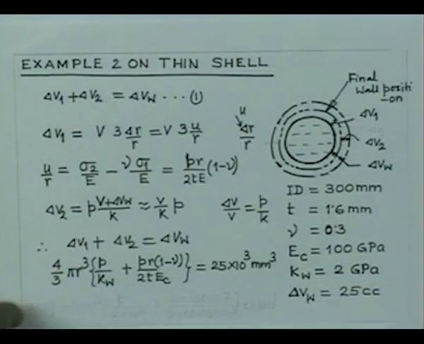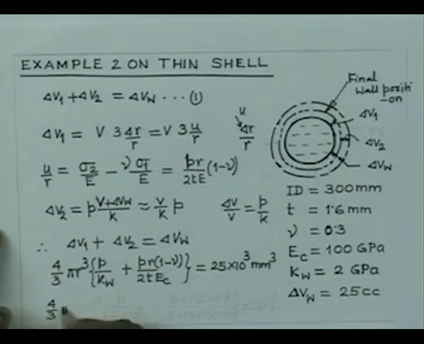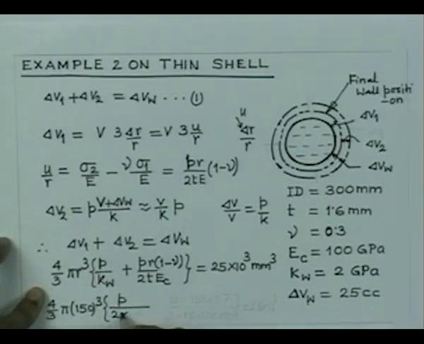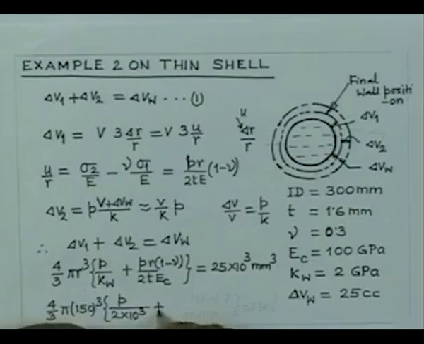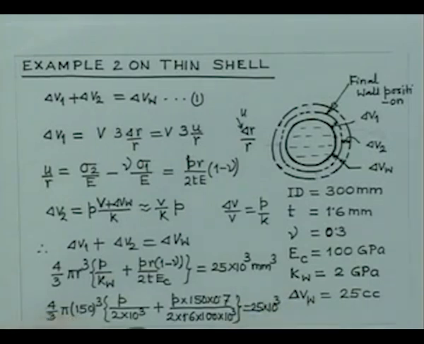So once you substitute, we find 4 by 3 150 cube P by 2 into 10 to the power 3 plus P 150 into 1 minus nu is 0.7, 2 into 1.6 into 100 into 10 to the power 3 is equal to 25 into 10 to the power 3.